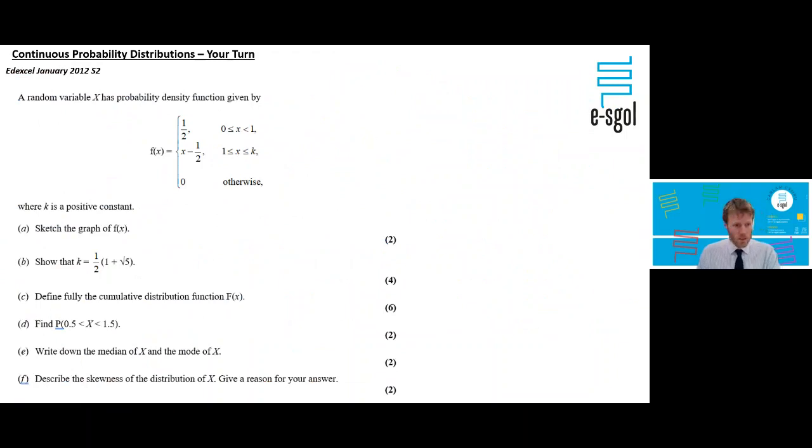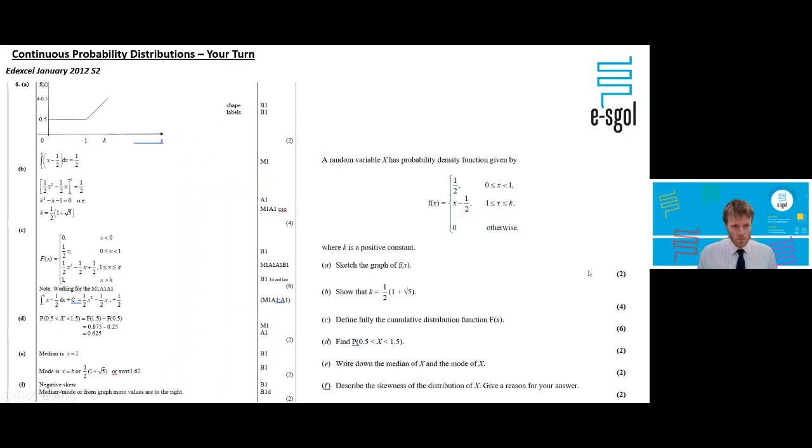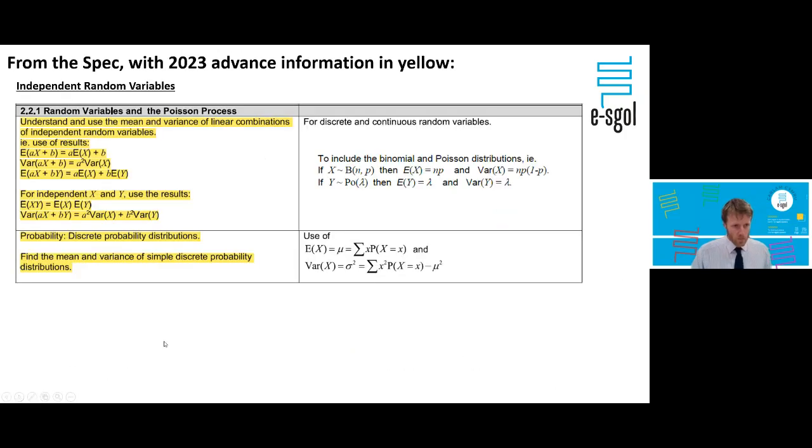I'll just pause there. And then the mark scheme is here. And then we'll move on to our last topic.